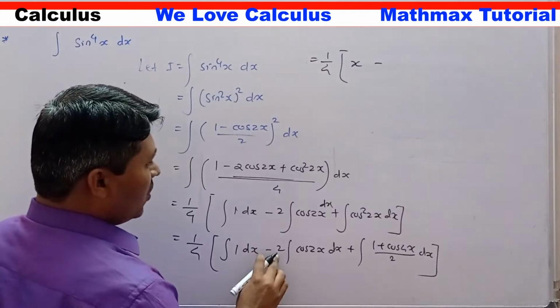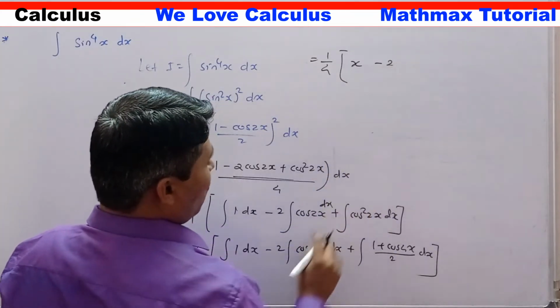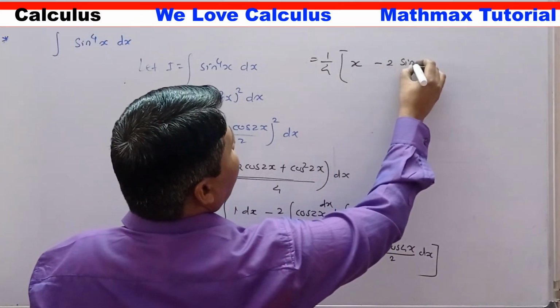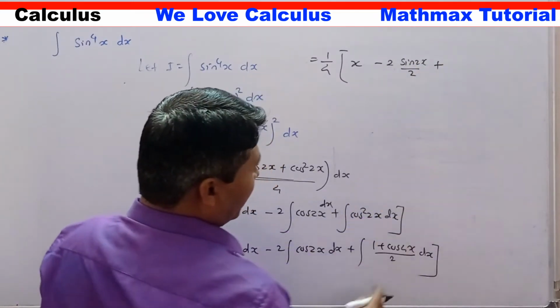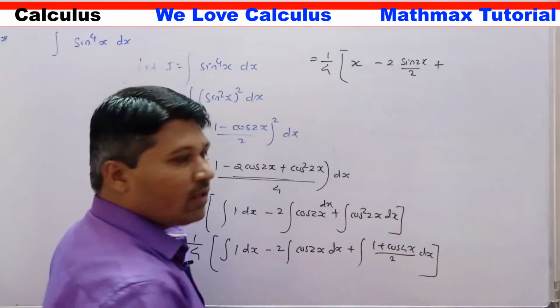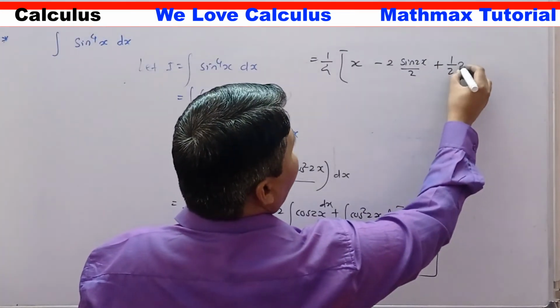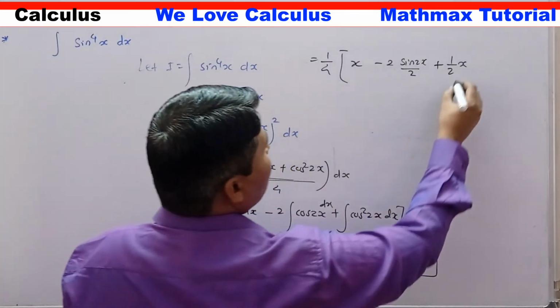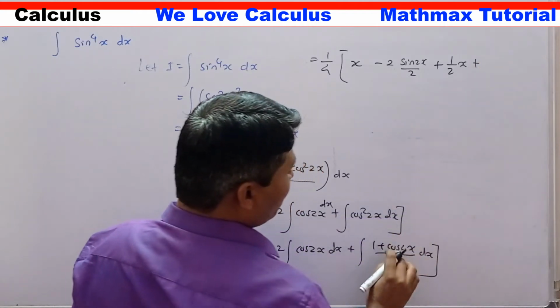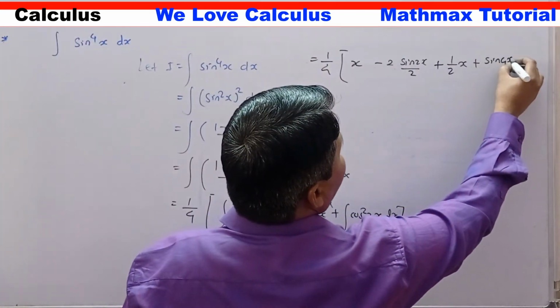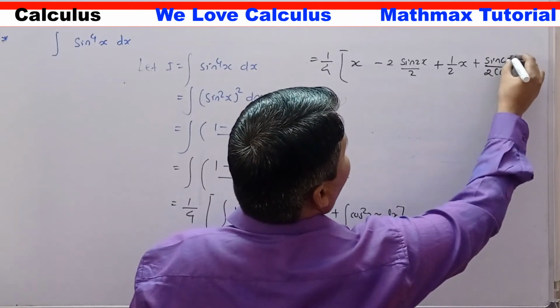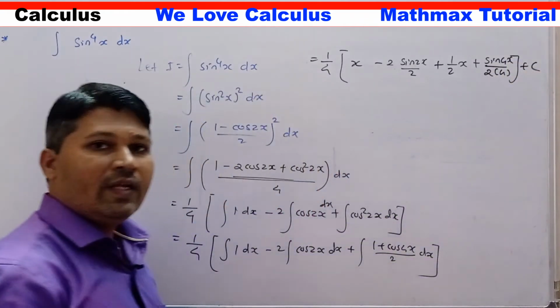Then minus 2 times the integration of cos 2x, which is sine 2x divided by 2. Then plus 1 by 2 as the constant term, then 1 by 2 x. Then plus the integration of cos 4x divided by 2, which is sine 4x divided by 2 into 4. Then plus c is the constant of integration.